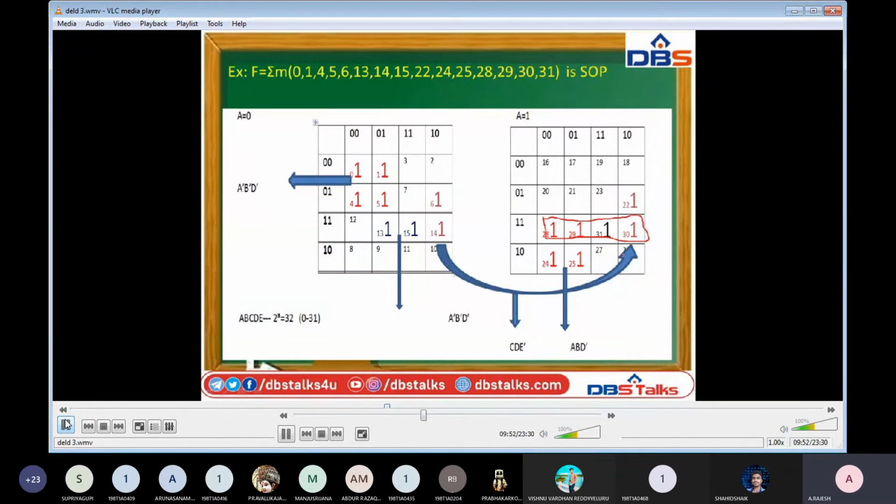So instead of that, I have taken it as a quad, and that value will be A, B and C. Why? Because here D and E are varying from 0 to 1 and 1 to 0.